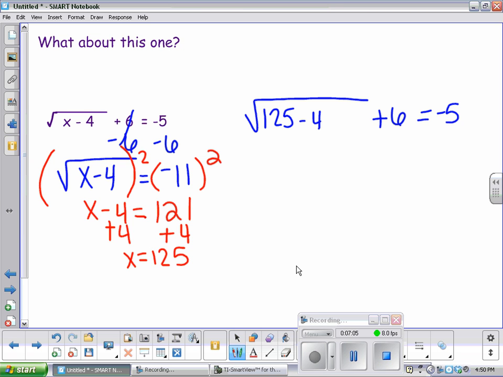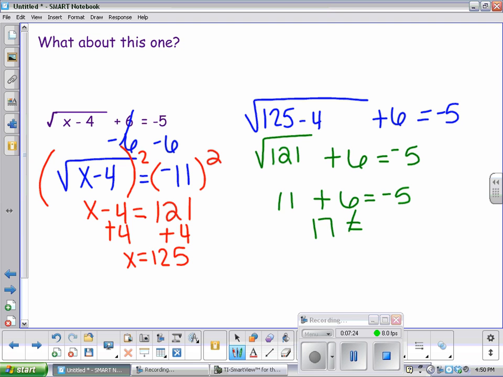Well, if I take 125 minus 4, I get 121. If I take the square root of 121, I get 11. But 11 plus 6 is 17. It is not negative 5.